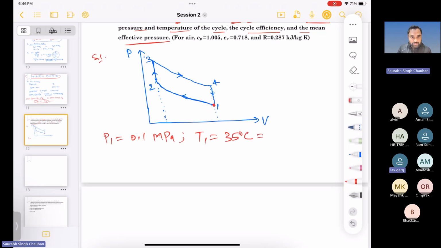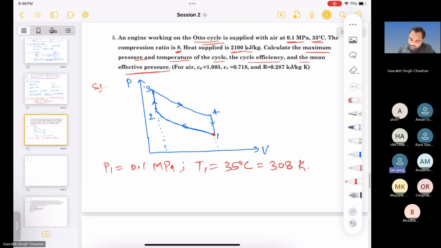Whenever you want to solve any thermodynamic question, you should convert your pressure and temperature values into Kelvin. First step should be this, because if you miss this step and proceed with the Celsius values, then most probably you will get the wrong answer. Okay. 308 Kelvin.